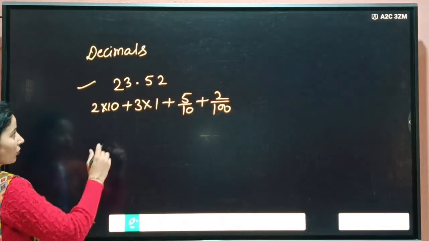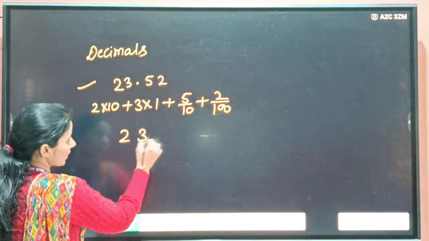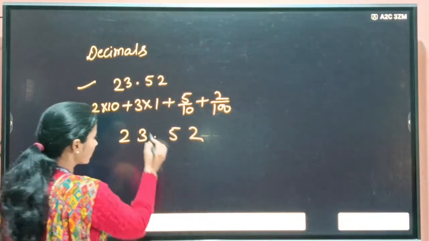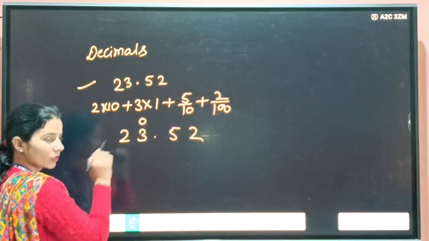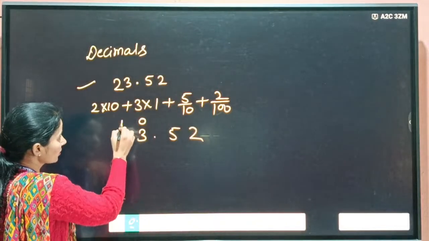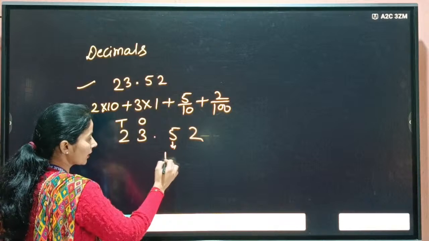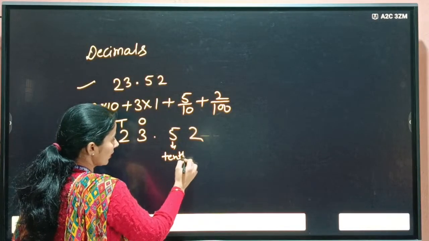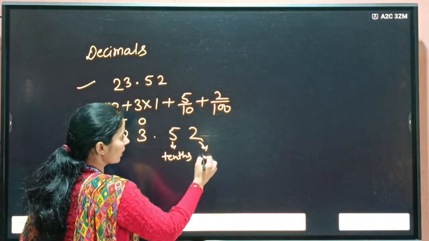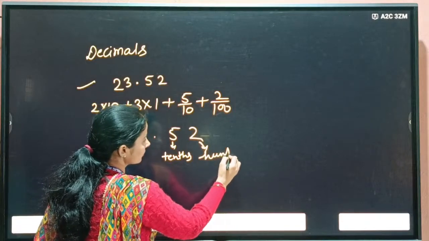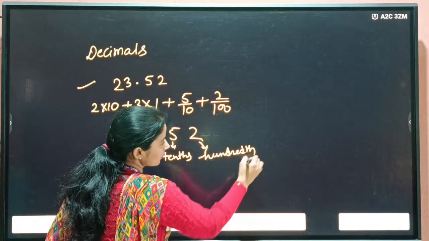Now, how will we define their places? This is ones place or unit place. This is tenths place, and this is hundredths place.